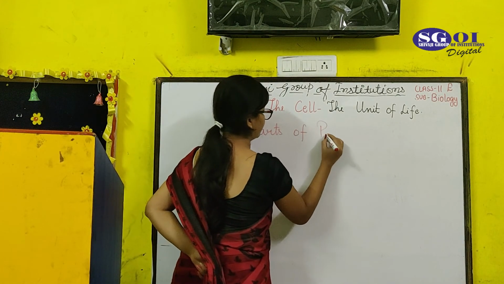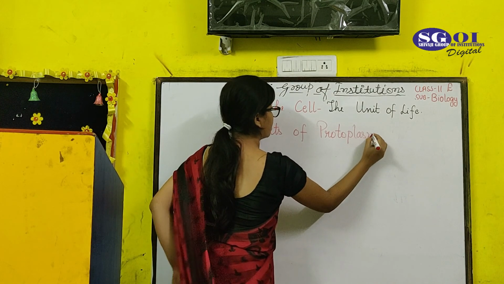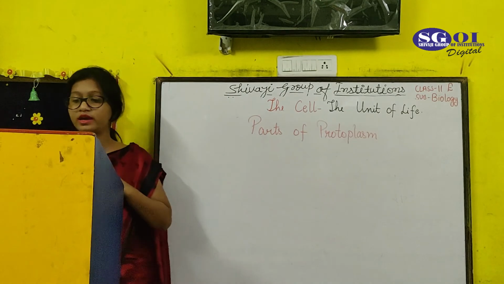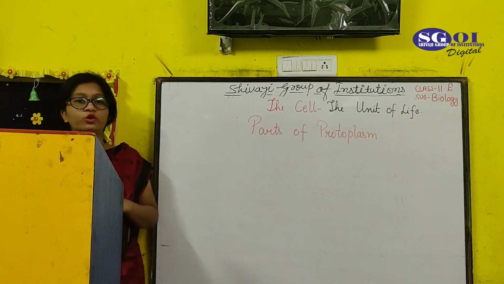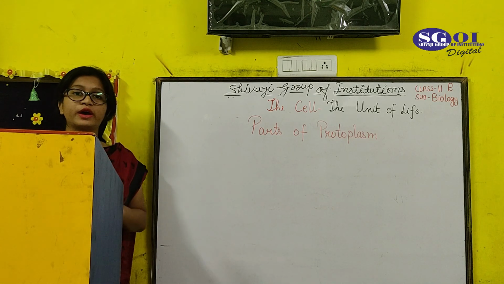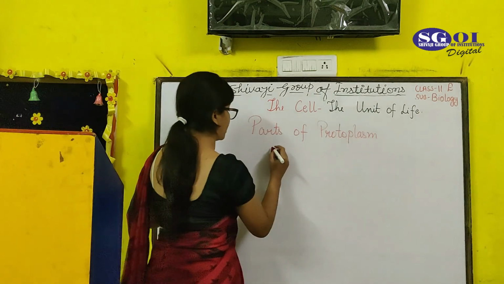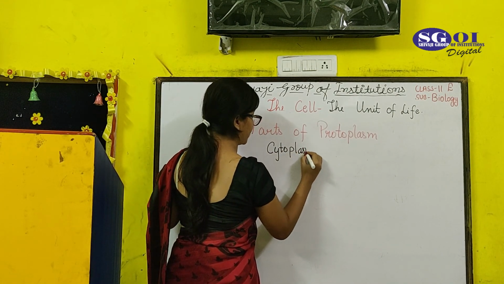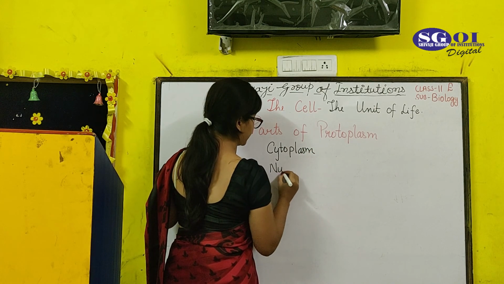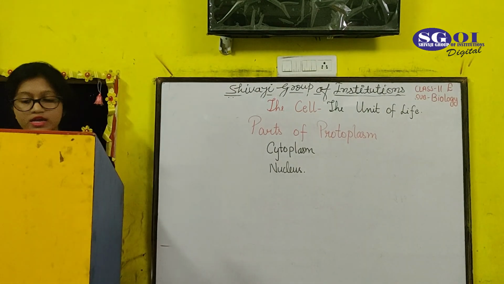There are two important parts which are the constituents of protoplasm, the two parts by which the protoplasm is formed. Number first, which is very important, is cytoplasm, and number second, which is also the major constituent of the cell, is the nucleus.